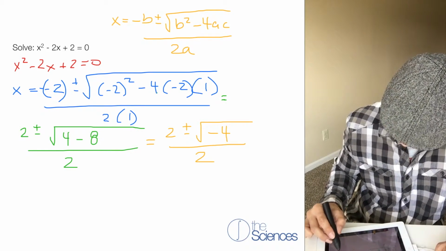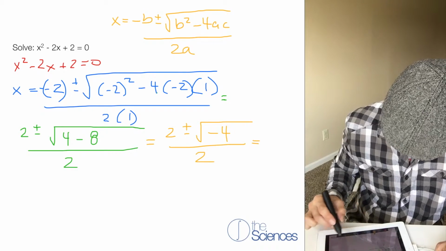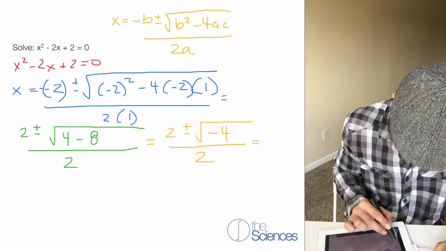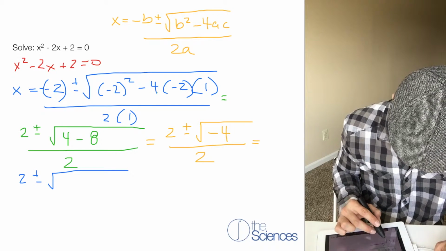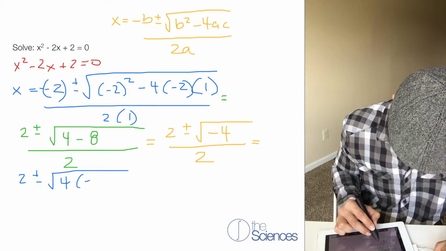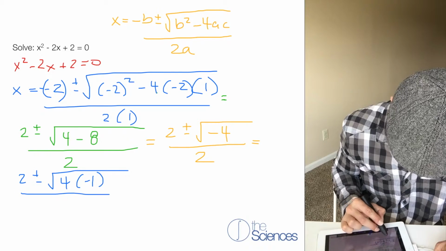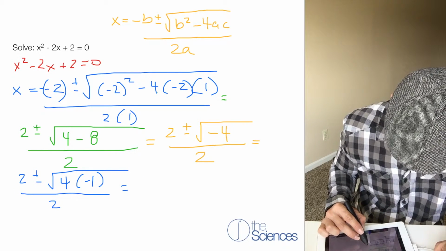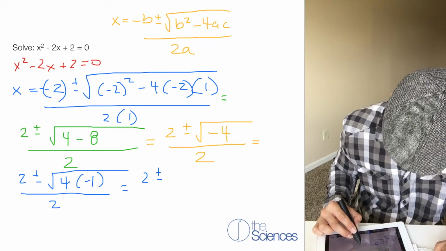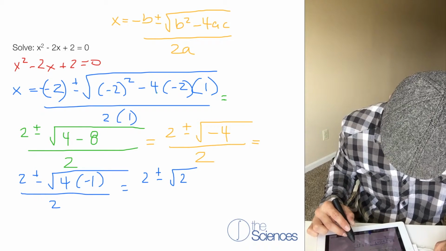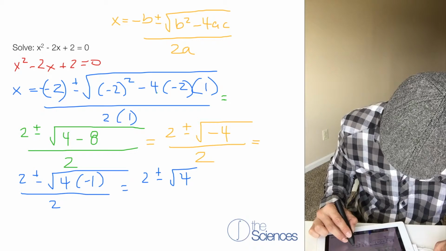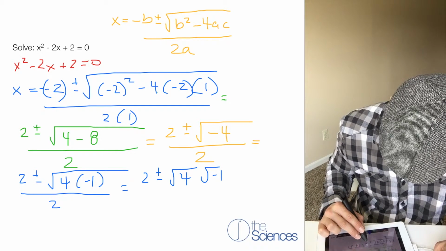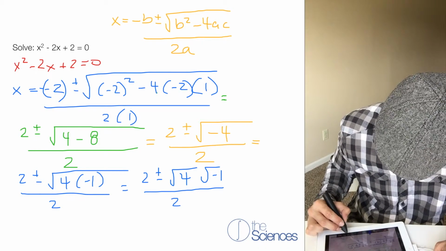Now we can simplify this as 2 plus or minus the square root of 4 times negative 1, over 2, which gives us 2 plus or minus the square root of 4 times the square root of negative 1, over 2.